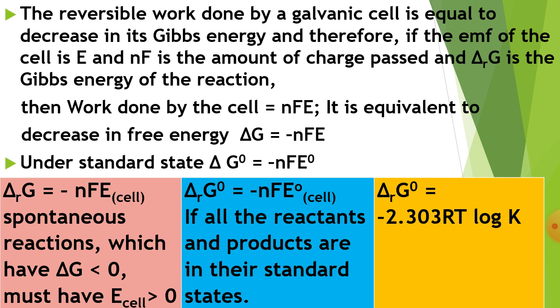Then again, delta r G naught equal to minus nF E naught cell, if all the reactants and products are in their standard state. In that condition we use this formula to calculate delta G naught. Delta r G naught also equals one more formula to learn, minus 2.303 RT log K. Here K is the equilibrium constant.